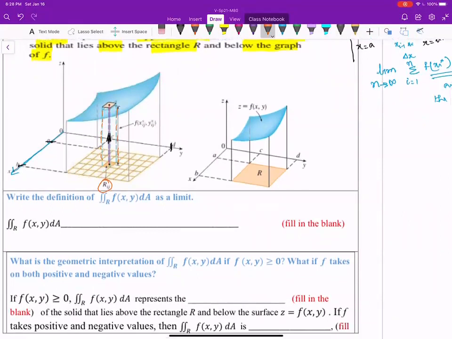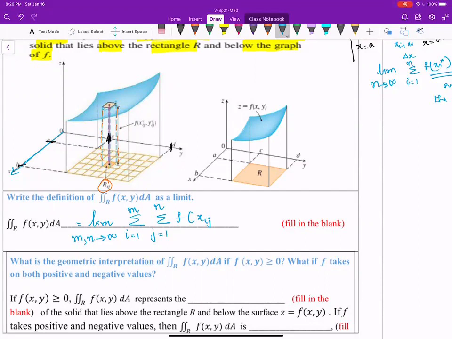The double integral over R, f of x y dA, would be equal to the limit as m and n approach infinity, sigma i varying from 1 through m, sigma j varying from 1 through n, then the height of the surface at the Rij rectangle.